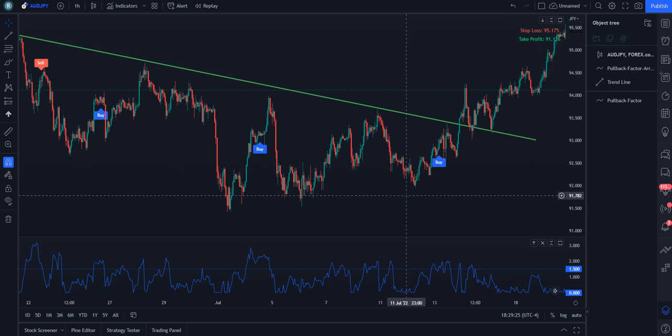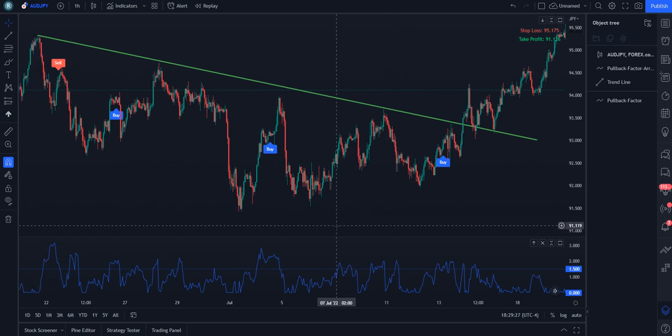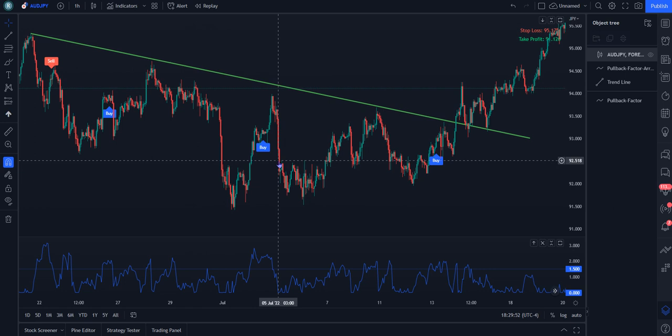So this is the pullback factor, a great gauge and visual aid, to see, okay, when should price reverse from this area and continue in its current trend, or at least offer some sort of retracement or trade. Like the bullish example here, there's even a buy here.